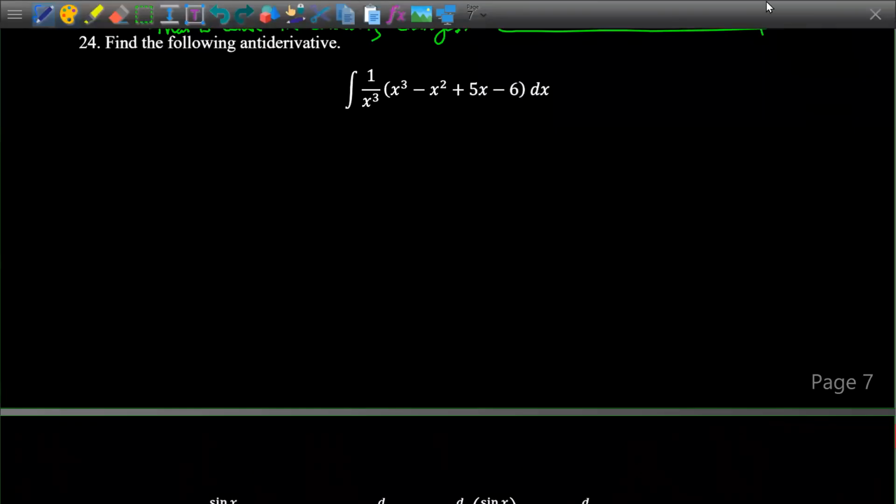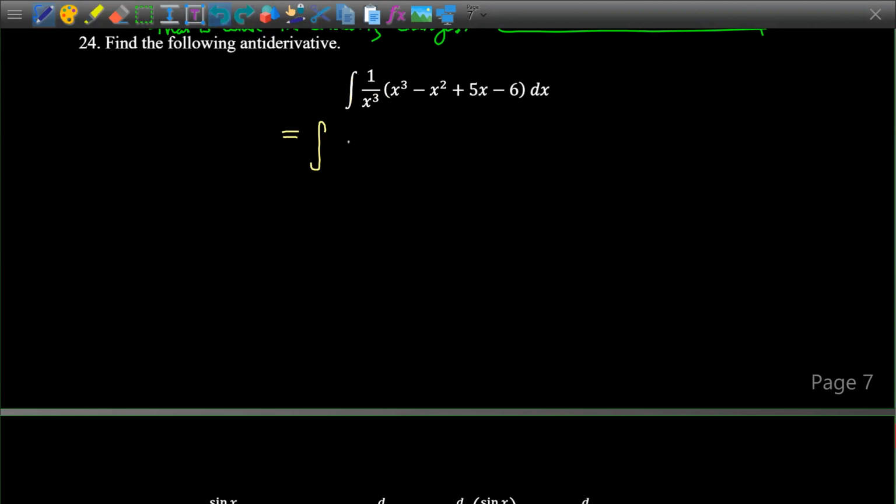Right, 24, find the following antiderivative. So a good way to do this, by the way, this is an indefinite integral. So when you get to your final answer, don't forget the plus c. But I'm just going to rewrite this first before I evaluate this integral. I'm going to take this 1 over x cubed and just distribute it through.